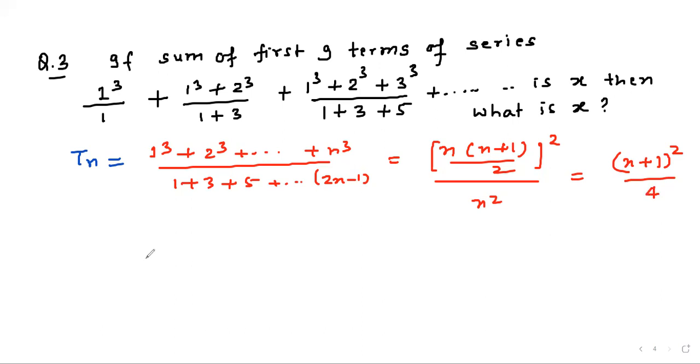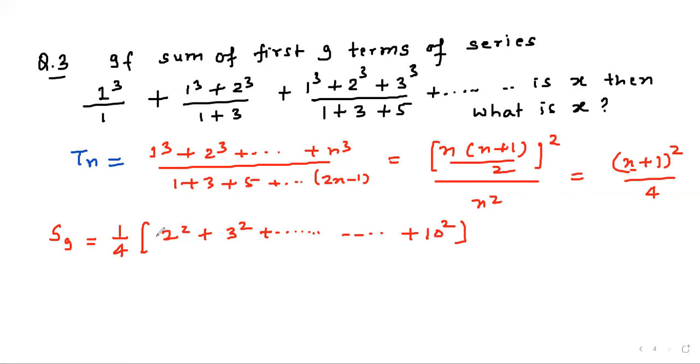Now for the first 9 terms, suppose we write S9 equals, so 1 by 4 can be taken common, and we start putting values like n equal to 1, 2, 3, 4. So we will get 2 square plus 3 square plus dot dot dot plus 10 square.